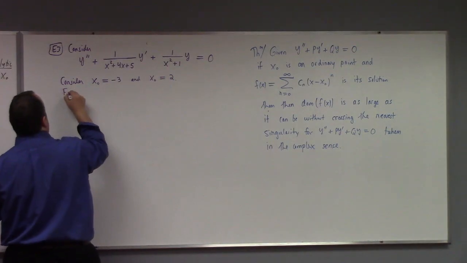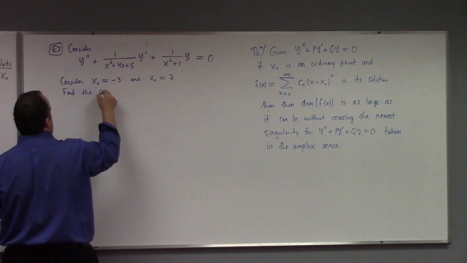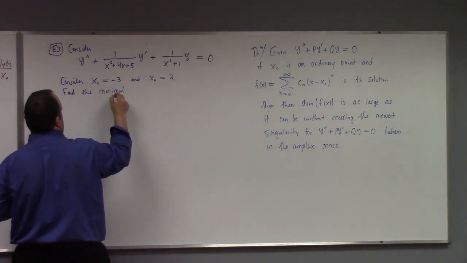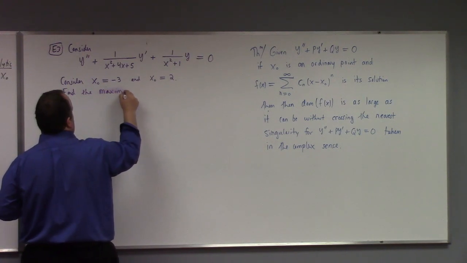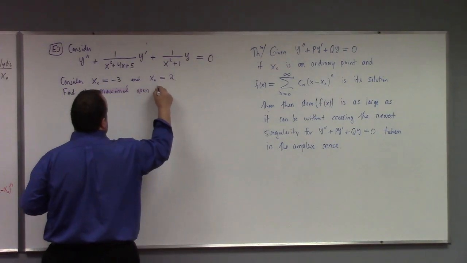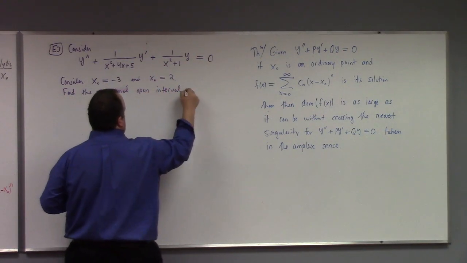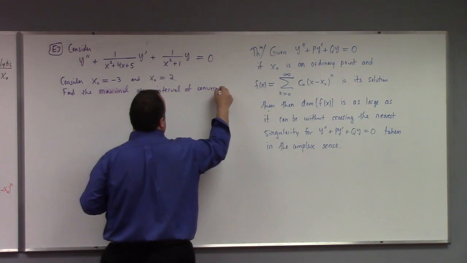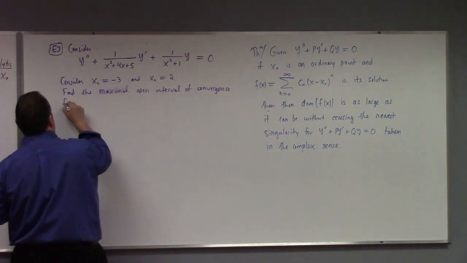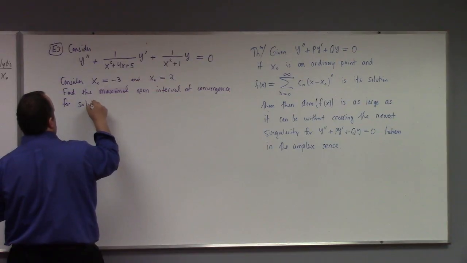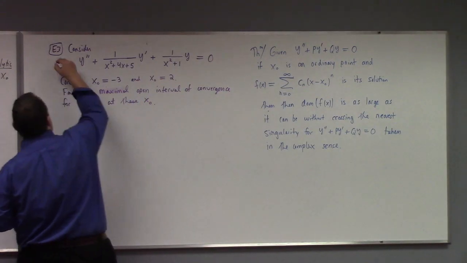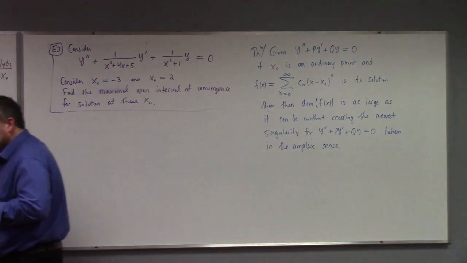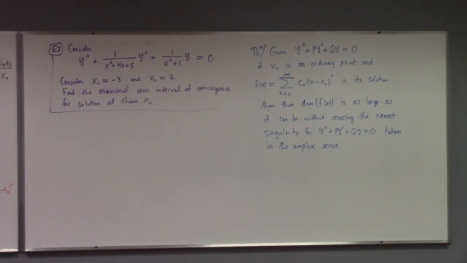Let's find the maximal open interval of convergence for the solution at these x naught. And maybe we'll add another point after we get it all in front of us.